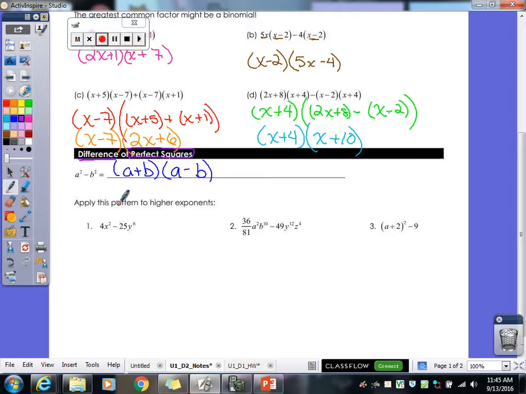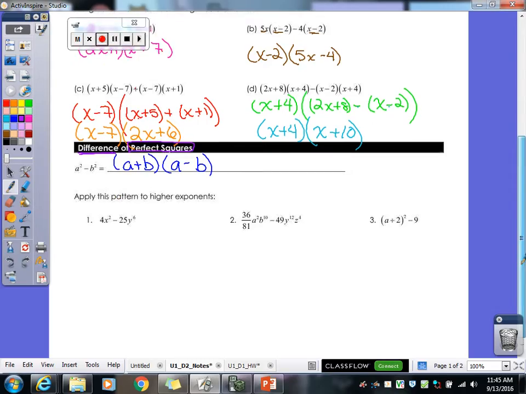So if we take a look at our examples here, I'm going to set up my parentheses. So for 4x squared, I know to get me a 4, I got to do 2 times 2. To get me x squared, it's going to be just x and x. So I have 2x plus and then a 2x minus.